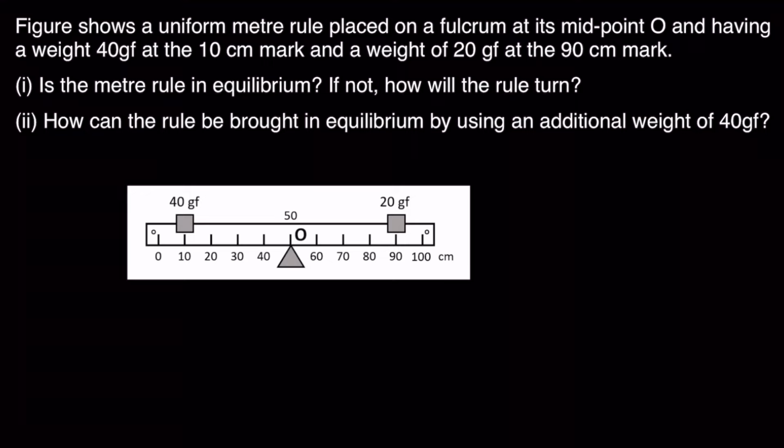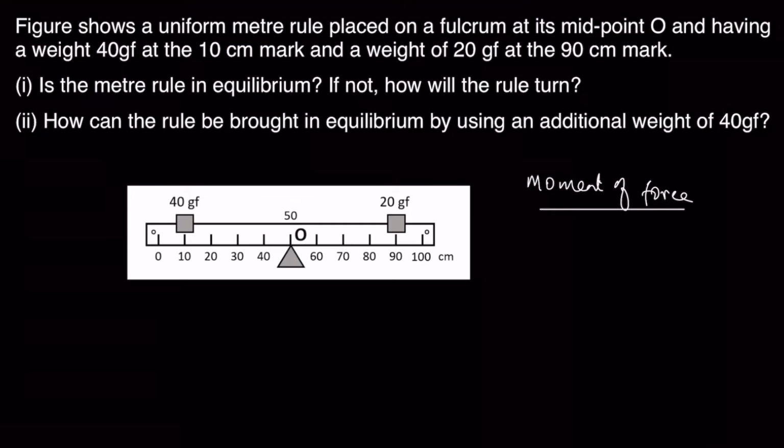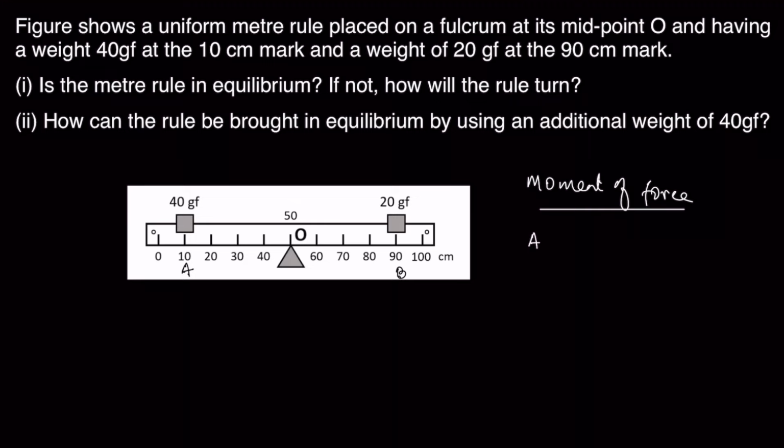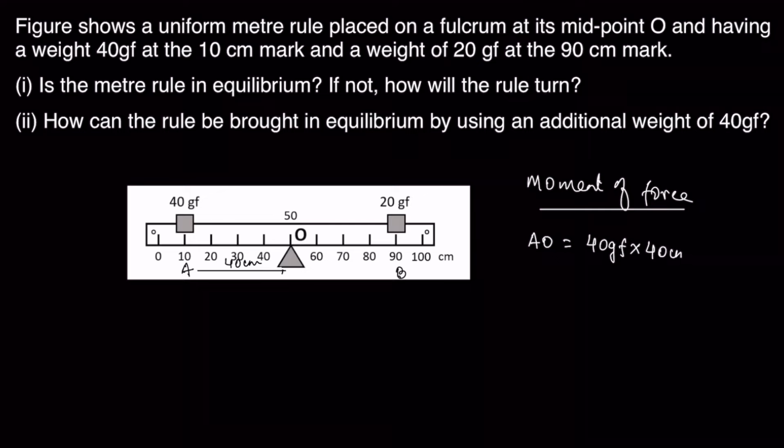So we know the moment of force. First let's name this point A, this is already O, and this is B. The moment of force for AO is 40 gf into the distance, which we notice here is 40 centimeter.